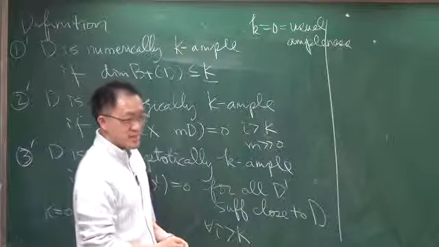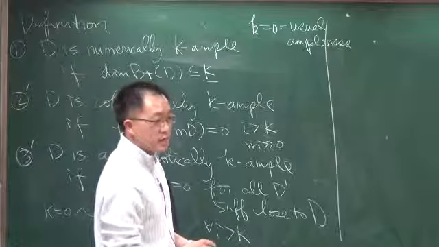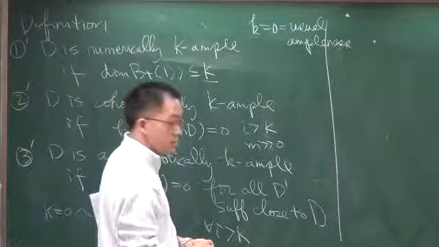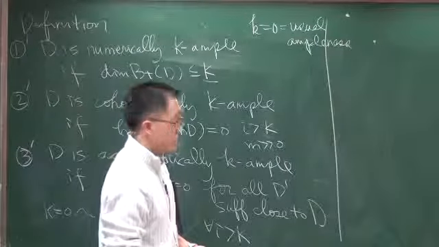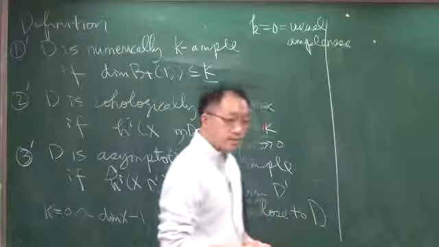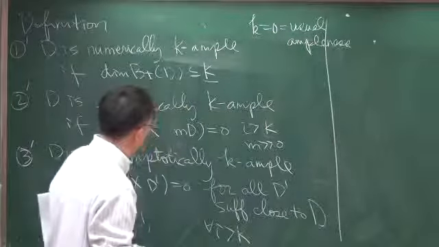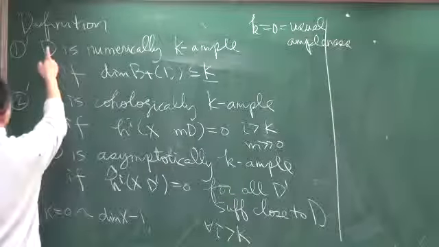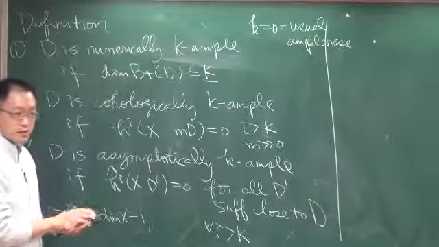If nef and big, then you can find an ample divisor which is the limit. But this cohomological condition is 0 for every ample divisor. Actually, that's the main theorem. So I will prove that if D is nef and big, they all coincide.